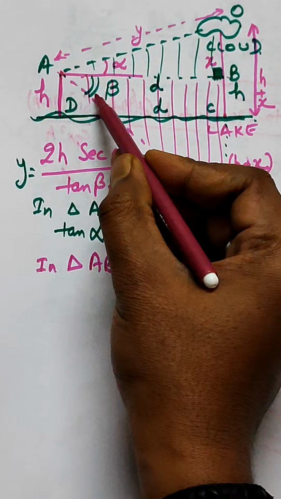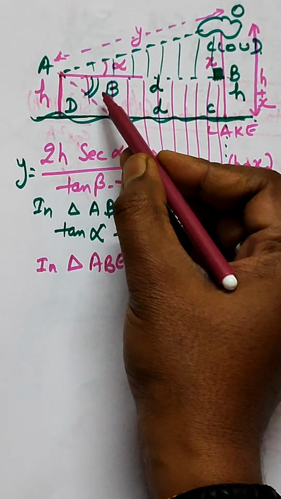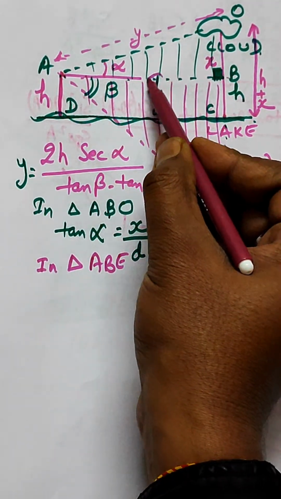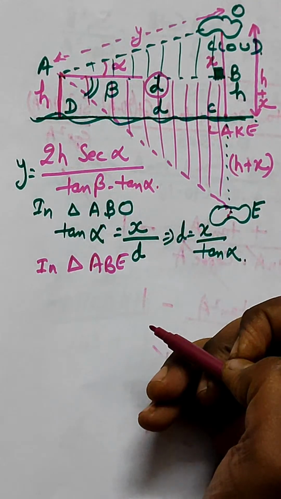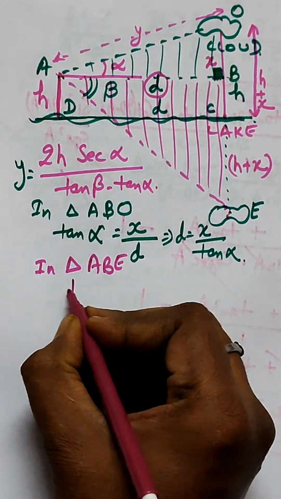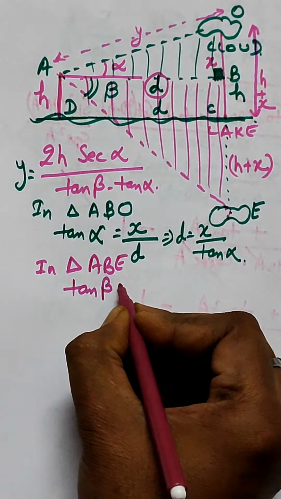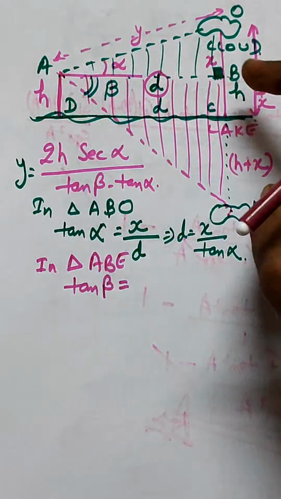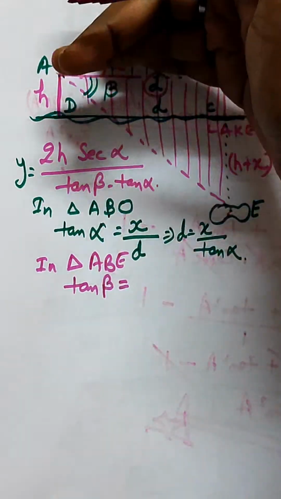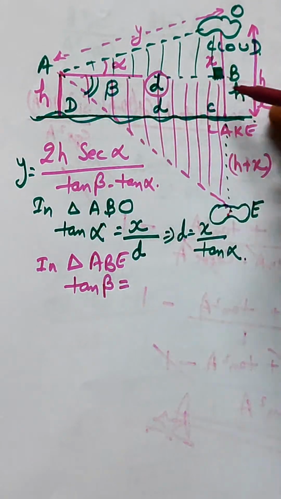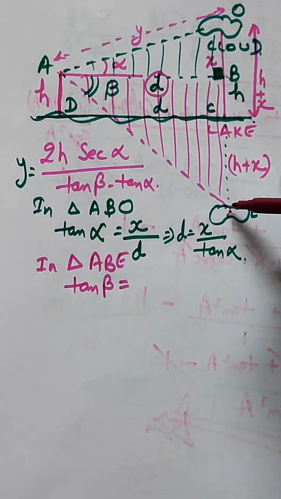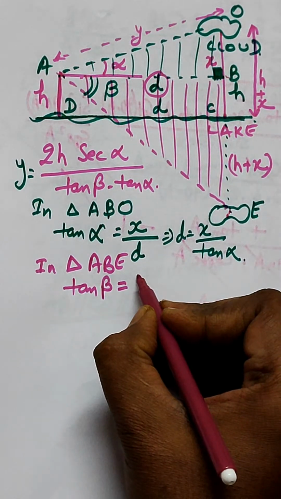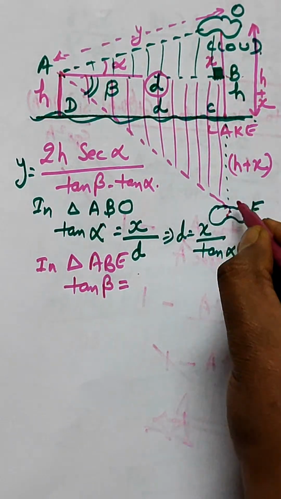what is the relation? Tan of beta, because in tan beta you are getting the relation with this D, right? So we can write tan of beta equal to perpendicular by base, because you are looking from this side and this is the angle of depression, so the perpendicular will be B to E. So BE will be coming on top. And what is the length of BE?